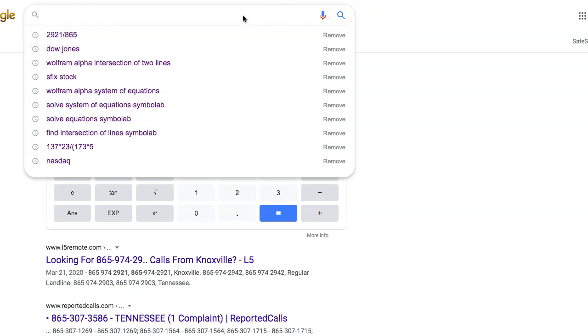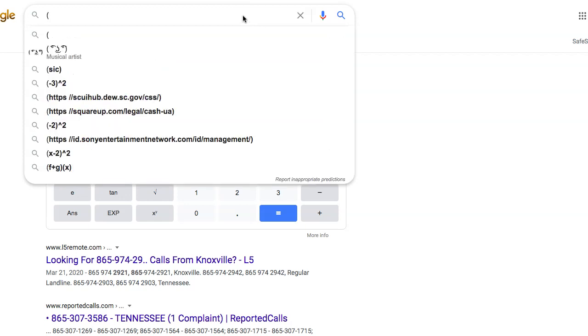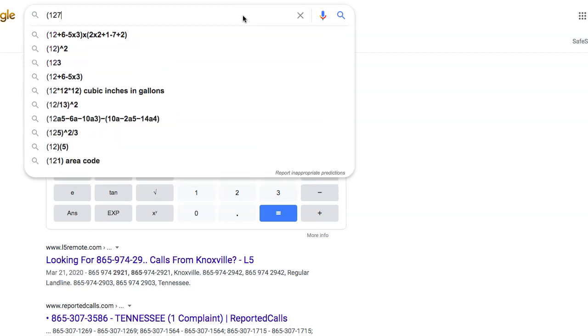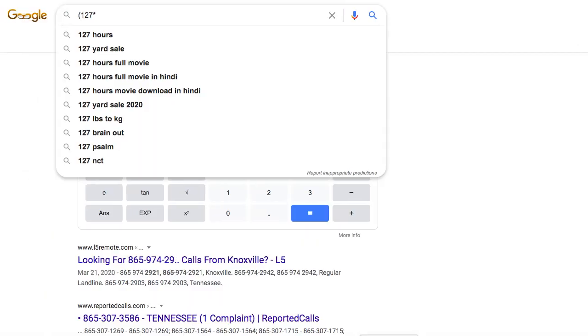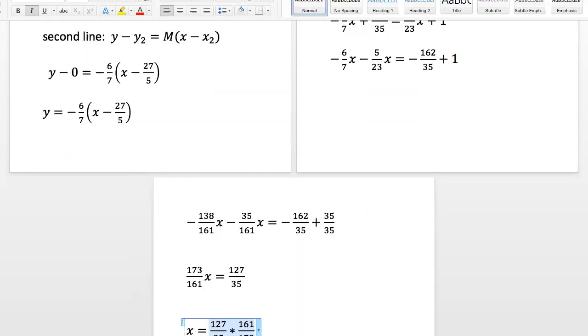It'll come out the right way because now I've got my stuff. I had 127 times... Again, I can divide by 7 and reduce the 5 like I did before. I can divide by 7 and cross cancel the 161 into 23. So it's 127 times 23 and 5 times 173. So I can bring these together.